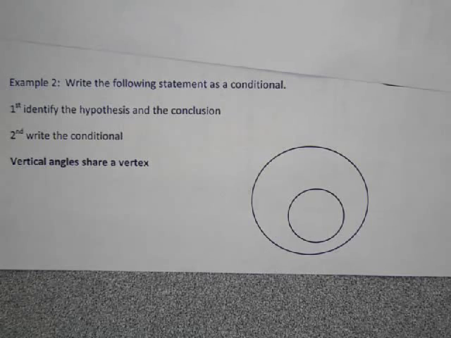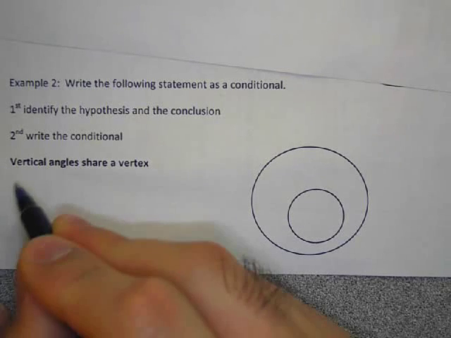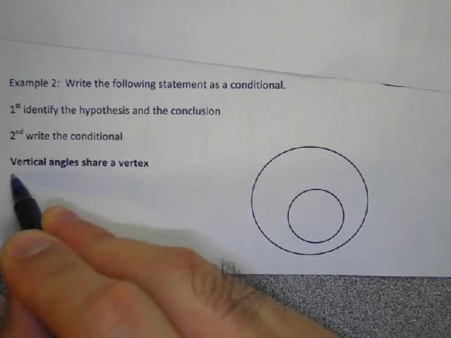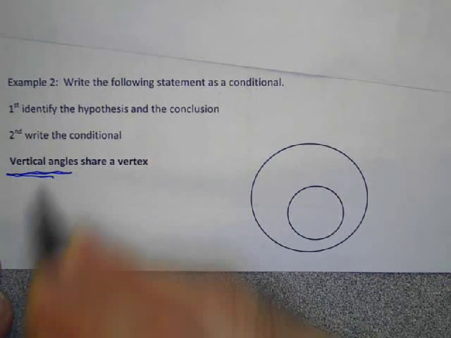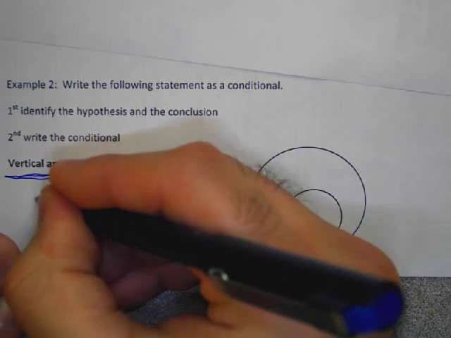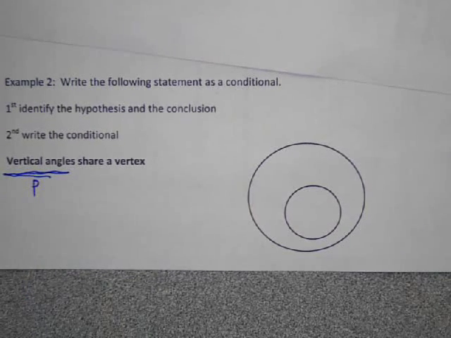We're going to use the same technique as before. The hypothesis is that we have vertical angles. And then my conclusion is, if we have vertical angles, then they share a vertex.